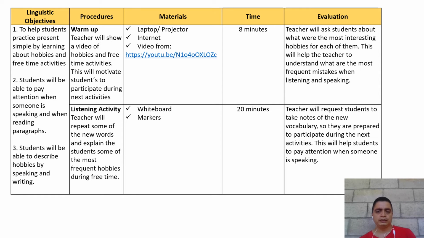For the evaluation, I will request the students to take notes, as I said, because I want them to get new vocabulary, so they are prepared to participate during the next activity. And this will help the students to pay attention when someone is speaking.